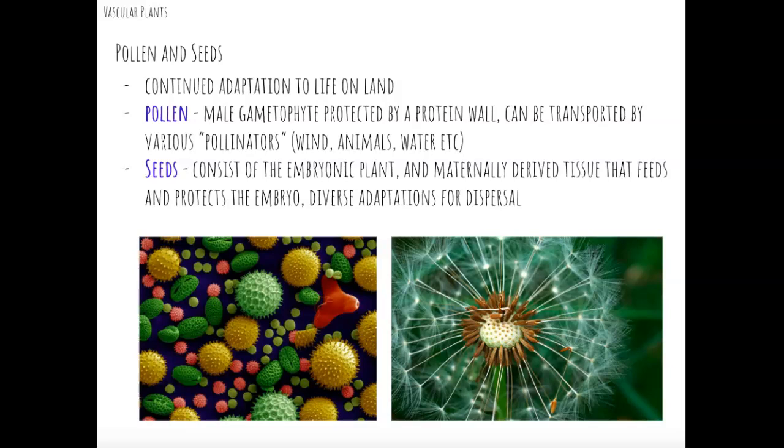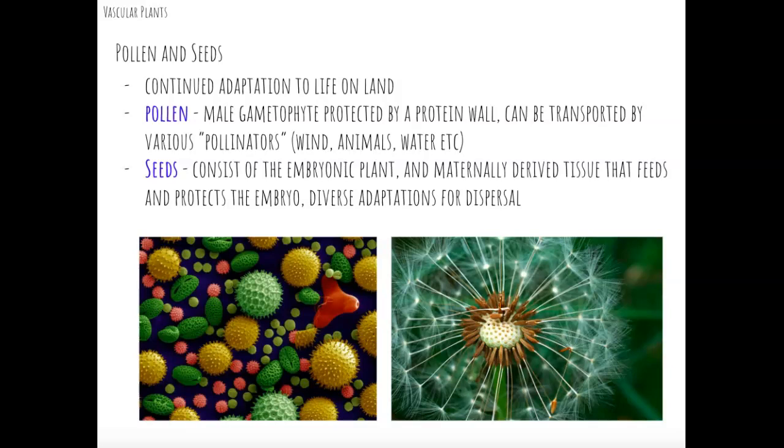The different structures of the pollen also make it so that pollen can only fertilize the egg cells of the correct types of plants. So we see a variety of different wall structures in the pollen of different species of seeded plants. The pollen that's produced can be transported through various pollinators. That can be things like wind, animals, water, etc.